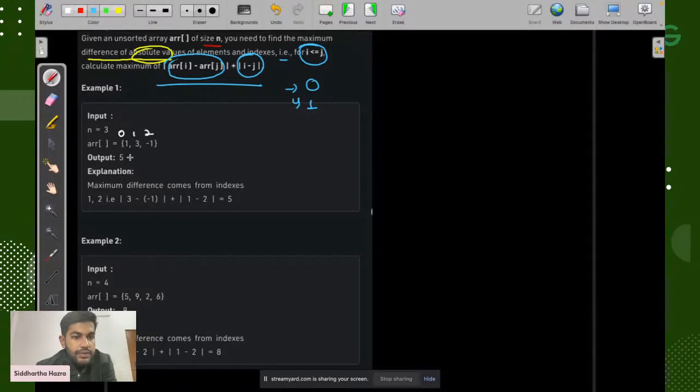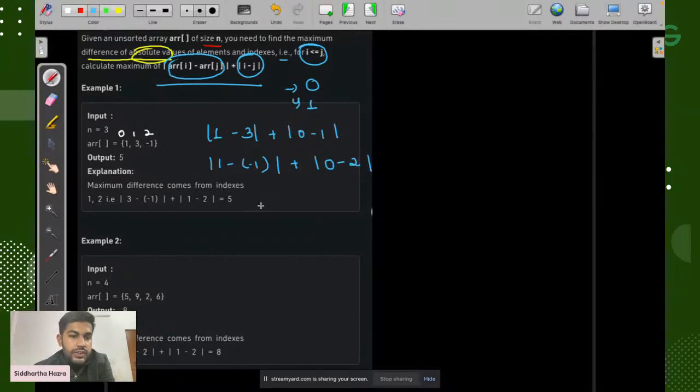Now the first one can be mixed up with the next three, and the absolute value would be this, and the added value would be 0 minus 1. 1 can be mixed with 1 minus 1, and the value would be 0 minus 2.